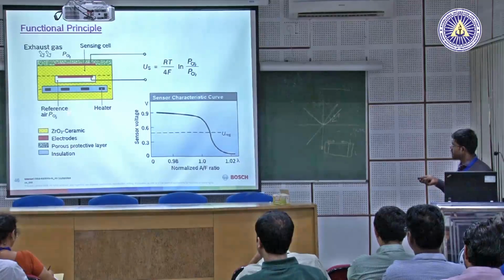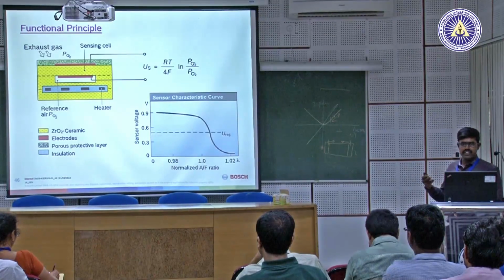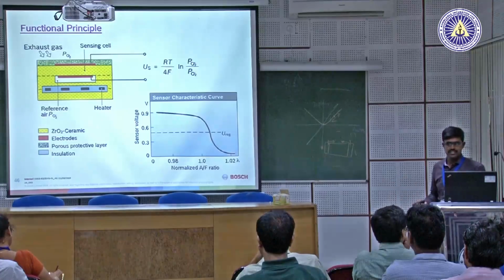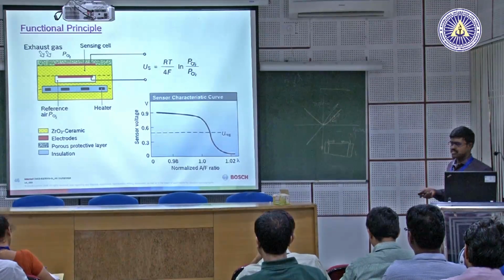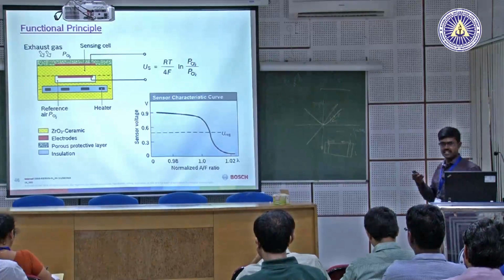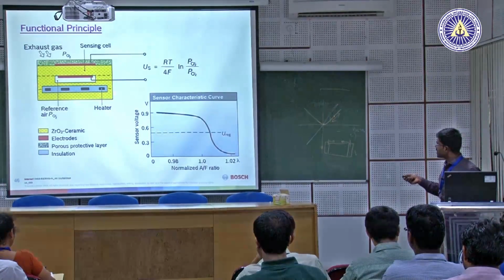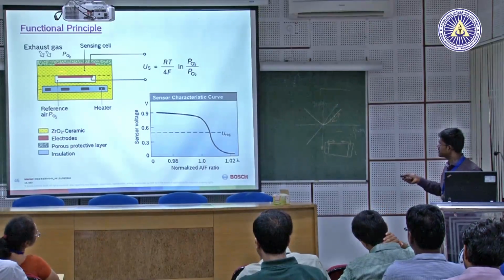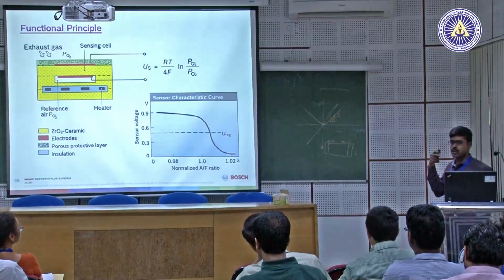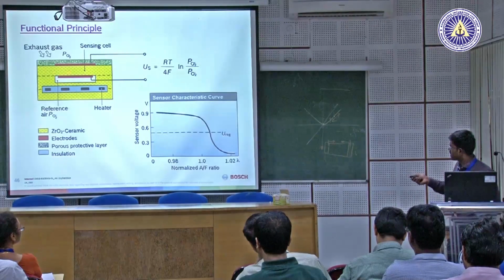At some temperature, where there is a heater, as I have shown, when you switch on the lambda sensor or oxygen sensor, it starts heating. At around 400 to 450 degrees centigrade, the ionic conduction happens inside this zirconia doped with yttrium, and you have a reference chamber of air.